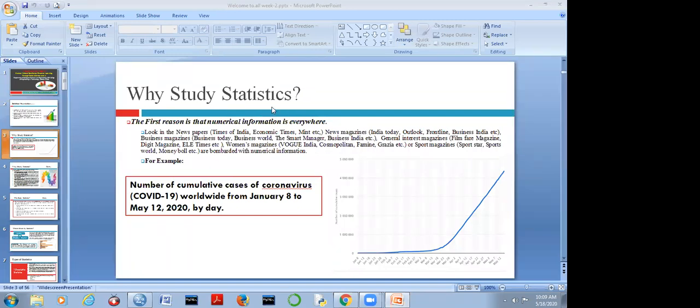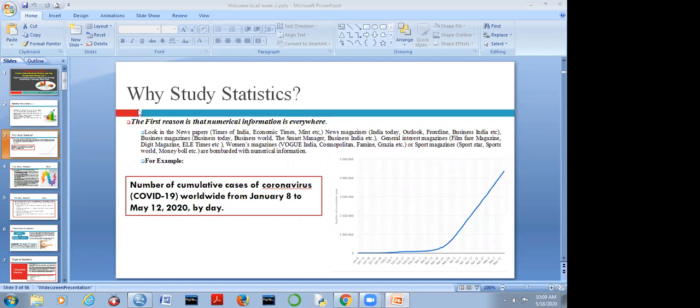Then you can go for any professional degree at graduation level. This is one of the reasons the colleges, universities, UGC, and AICTE prefer that there should be a statistics subject in the curriculum.